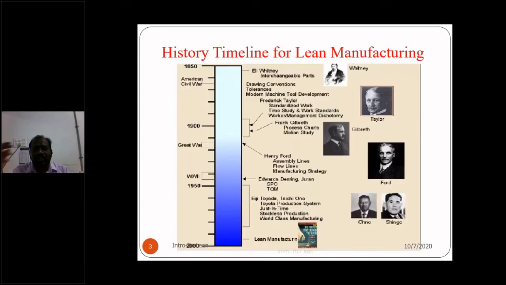Now I would like to talk about the history of lean manufacturing. It started in the 1850s and still it is going on. One important thing: lean manufacturing is not subjected to a particular year or to the ending of a particular year.